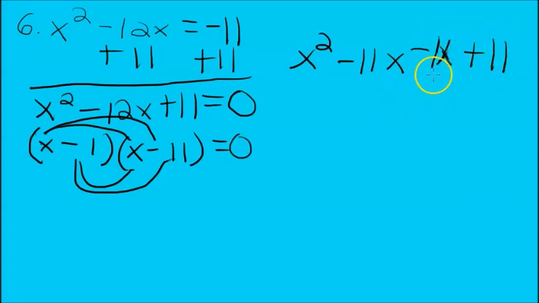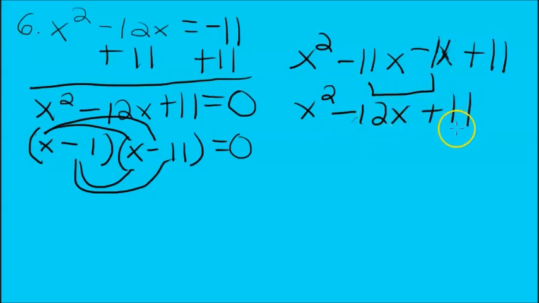Okay, now we need to combine like terms. So let's go ahead and add the x squared. Okay, so negative 11 minus 1 is going to be negative 12x. Then we add the 11 at the end. Okay, so is this polynomial the same as this polynomial? Yes, it is. So it checks out.